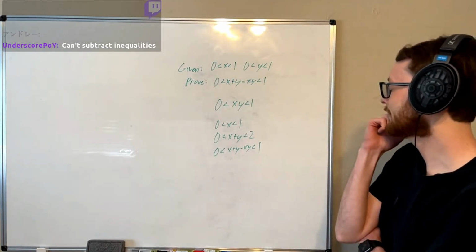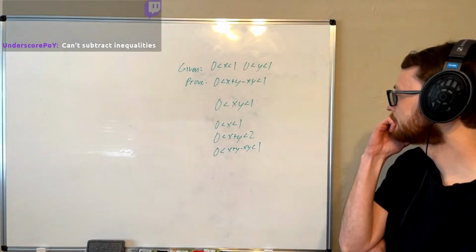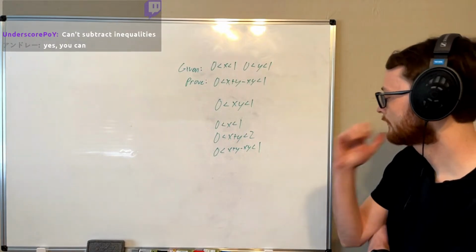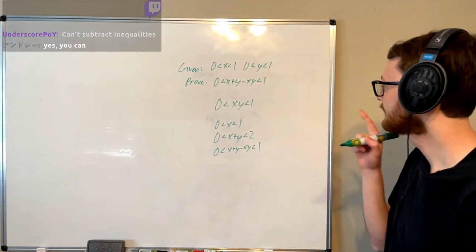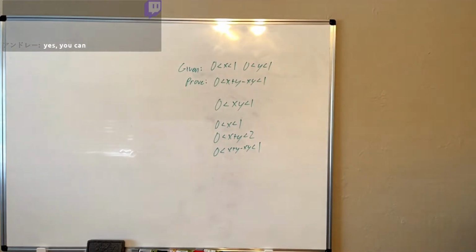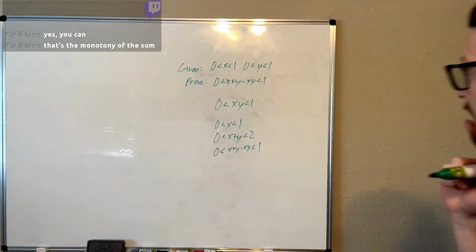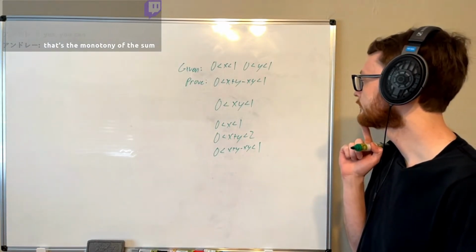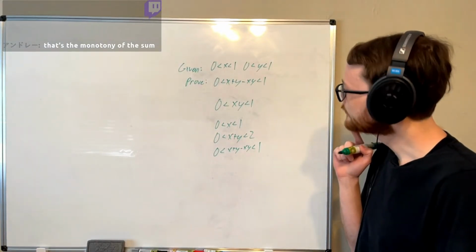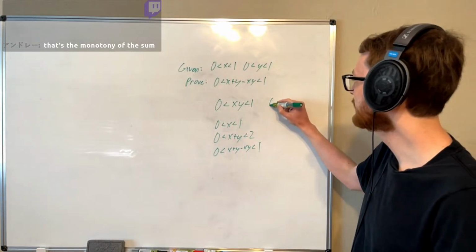It's that step that you're saying is wrong. Could I multiply it through by -1?